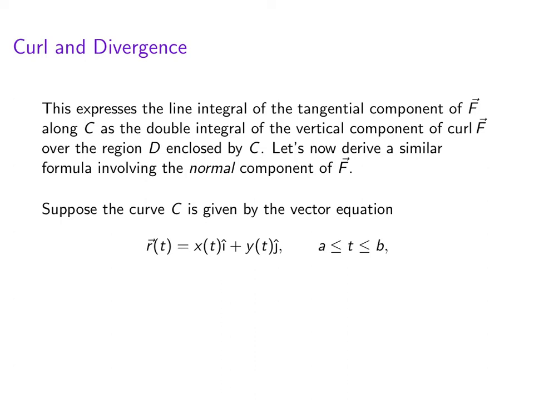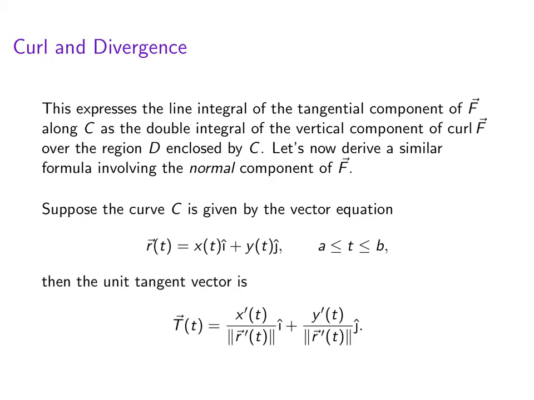Let's suppose now that our curve C is given by this vector equation r of t. So it has components x of t and y of t. So this is a parameterization of the curve. The parameter values go from a to b. And we can compute the unit tangent vector, and it'll look like this.